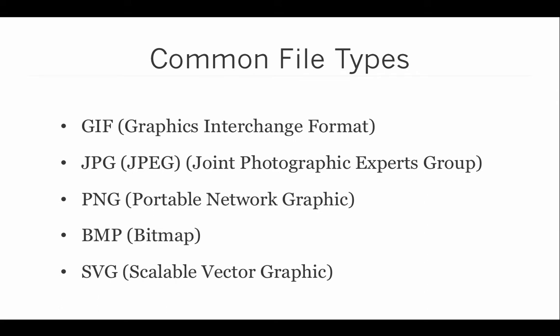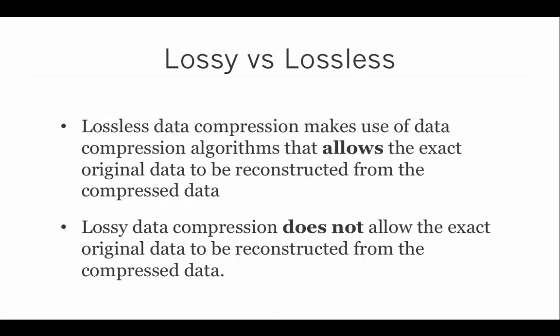These are some common file types that you'll see on the web, such as GIF, JPEG, PNG, bitmap, and SVG. To understand the differences of these different data types, we'll have to learn a little bit about lossy versus lossless. So lossless data compression makes use of algorithms that allow the exact original data to be reconstructed from that compressed data.